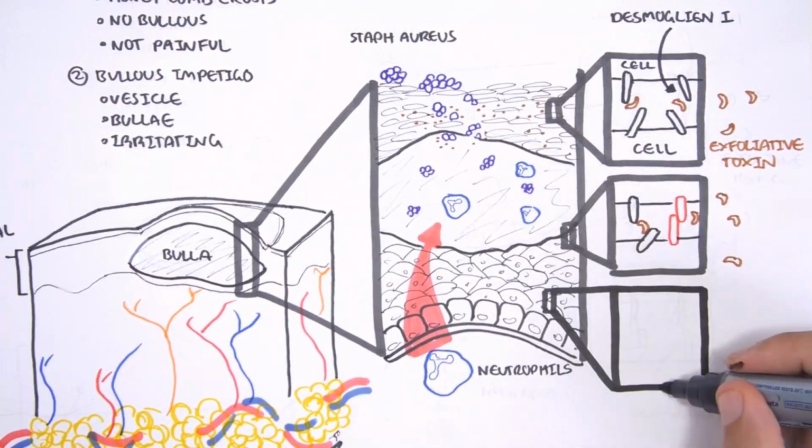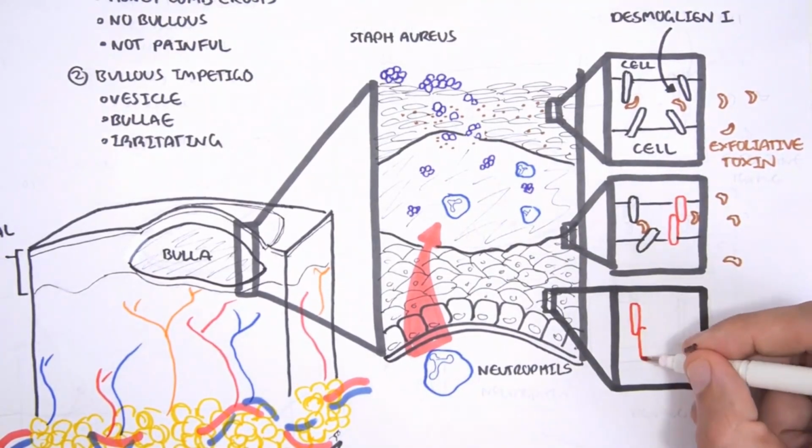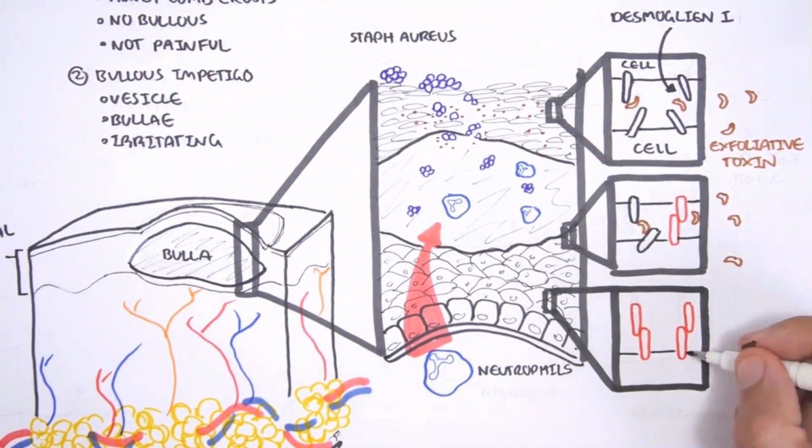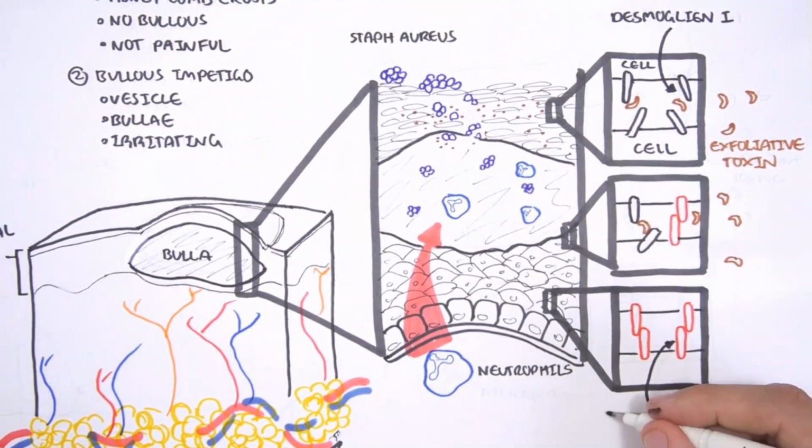And this desmosome in red is found in the bottom parts of the epidermis, such as the stratum basale. This desmosome is called desmoglein 3. And this is one of the reasons why impetigo doesn't involve past the epidermal area.